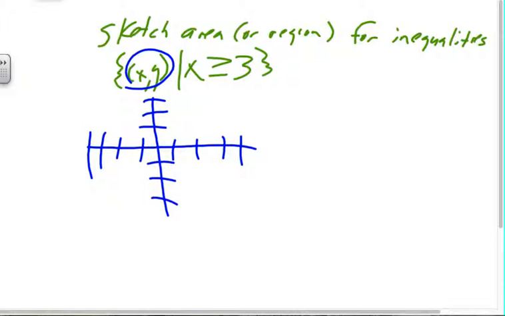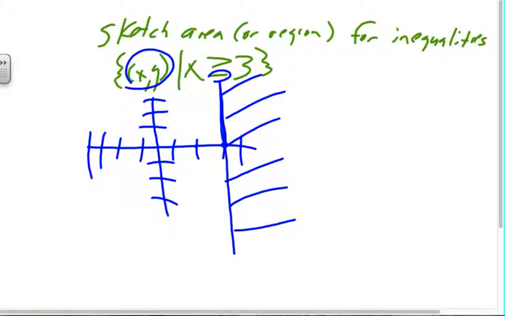So I come over, here is x equals 3. What this tells me is I'm dealing with a vertical line, and because of the equal sign, it's solid. And I'm only interested in the areas where x is bigger than 3, which is going to be off to the right. And that is how you do that one.